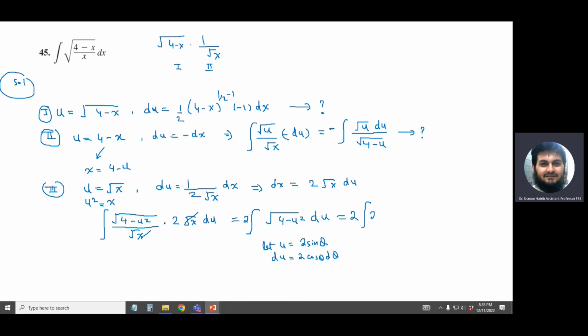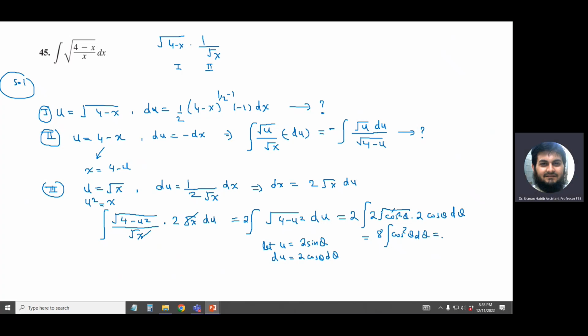We know that, right? And inside this, we will be left with 1 minus sine square, which is cos square. And du will result in 2 times cos of theta d theta. So 2 and 2, all of them go together and become 8. This cos square cancels with this, and we will be left with cos square theta inside, into d theta.